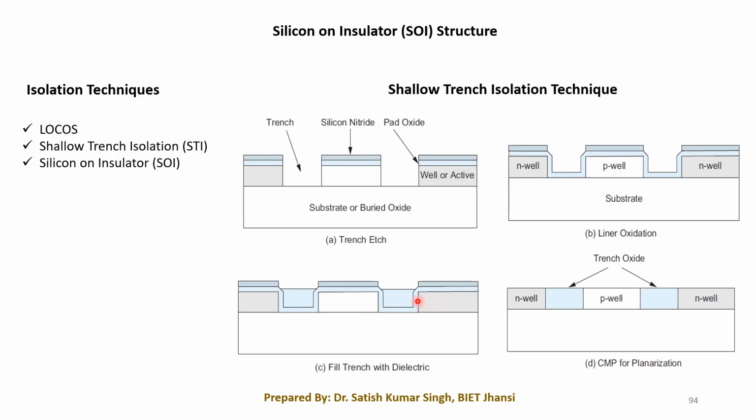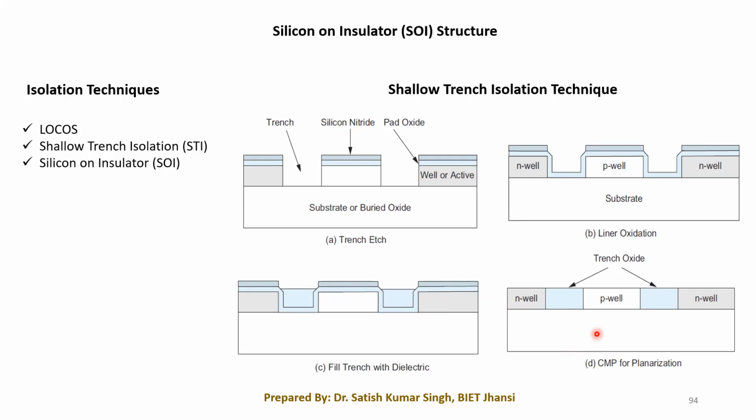We have to remove the pad oxide and the silicon nitride layer, which should be removed through a chemical etching process. After removing this, we are going to get this type of structure. This is done by CMP.